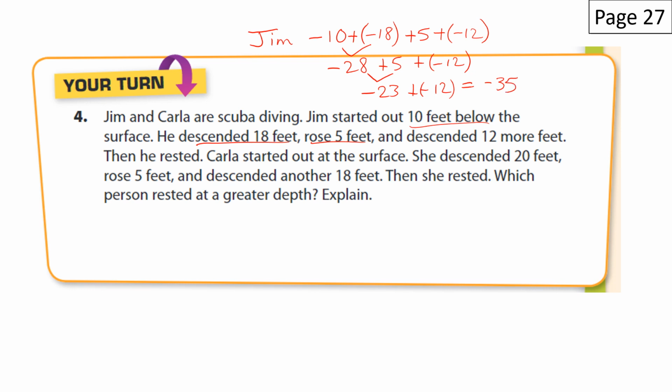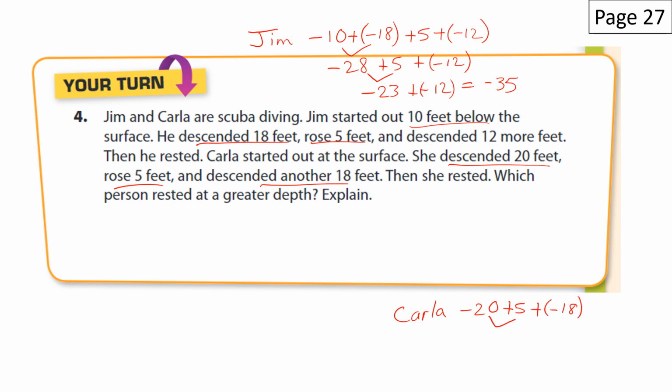So he's at negative 35 feet there. And then for Carla, I'll put Carla over here. Carla started out at the surface, and then she descended 20 feet. So descended 20 right there, and then rose 5, and then descended another 18. So add another negative 18.